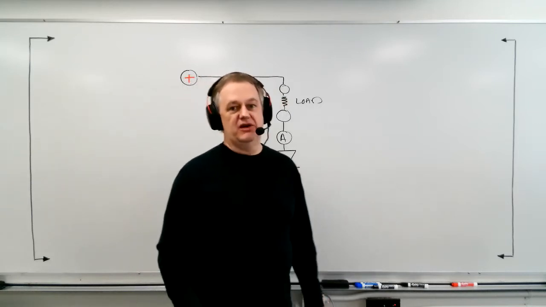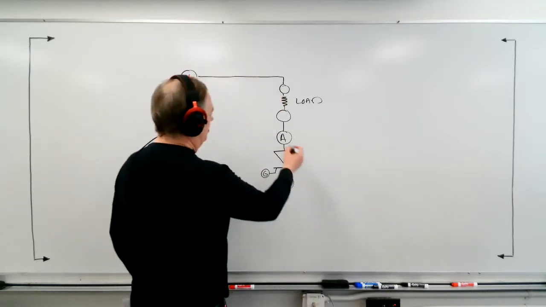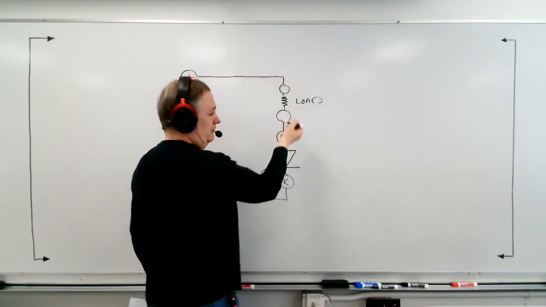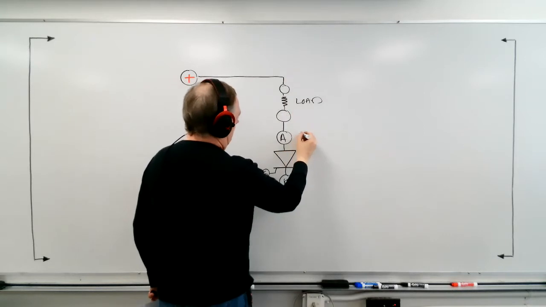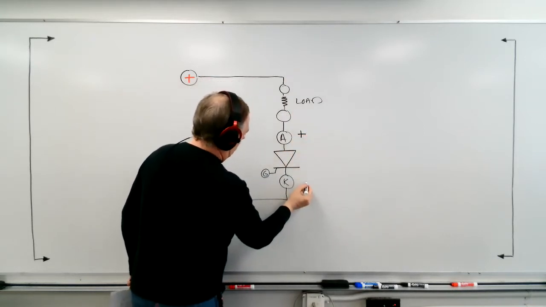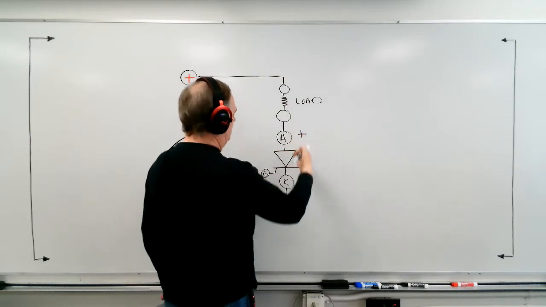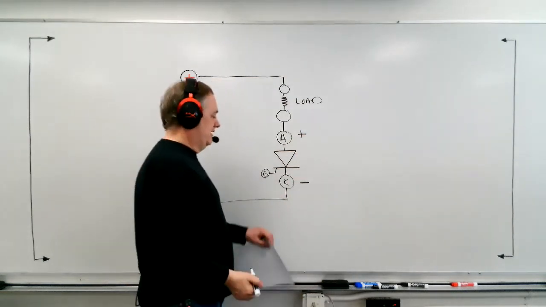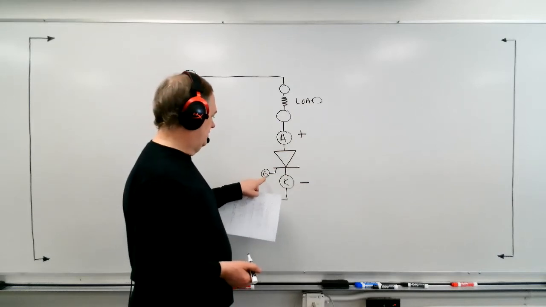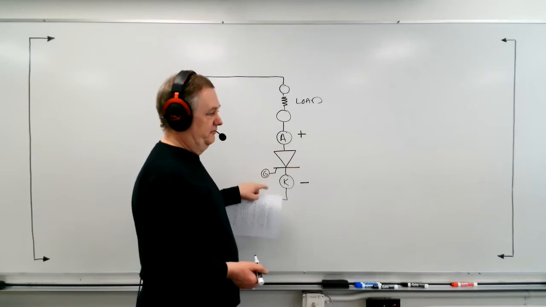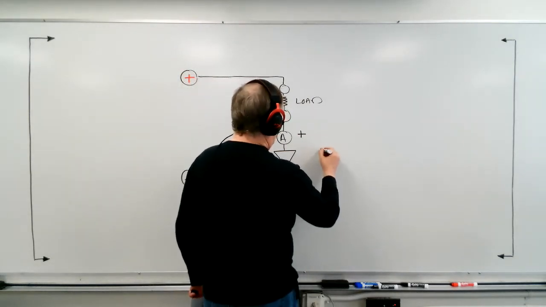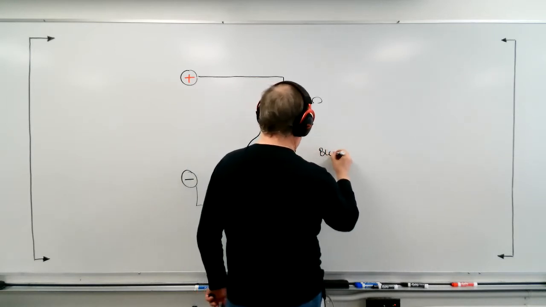Okay, so when the anode is made positive, as soon as we connect this and apply voltage, as soon as the anode is positive with respect to the cathode, which is negative, what will happen in the absence of a signal, if there's no gate pulse, is this SCR will block.